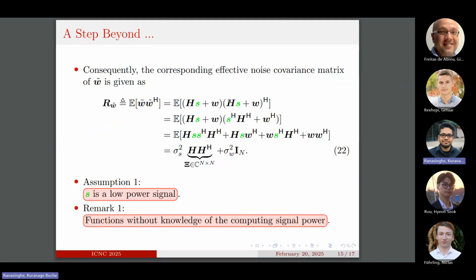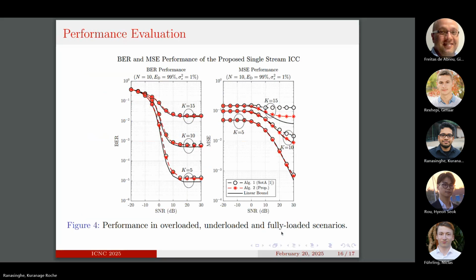So we can calculate the covariance as given in equation 22. And as seen here, we reiterate the assumption that s is now a low power signal. And this version can also function without knowledge of the computing signal power, which we didn't have before.